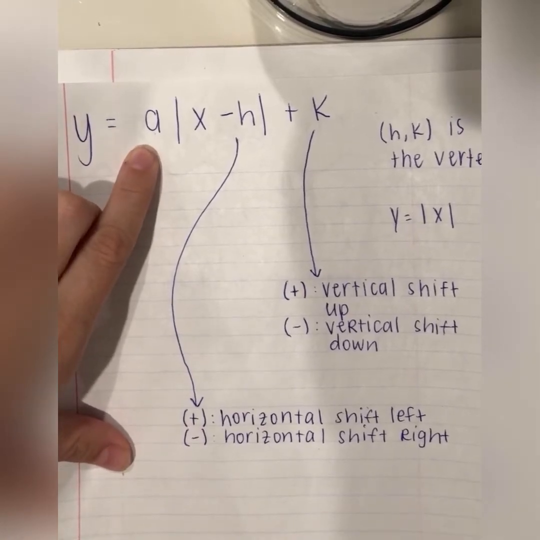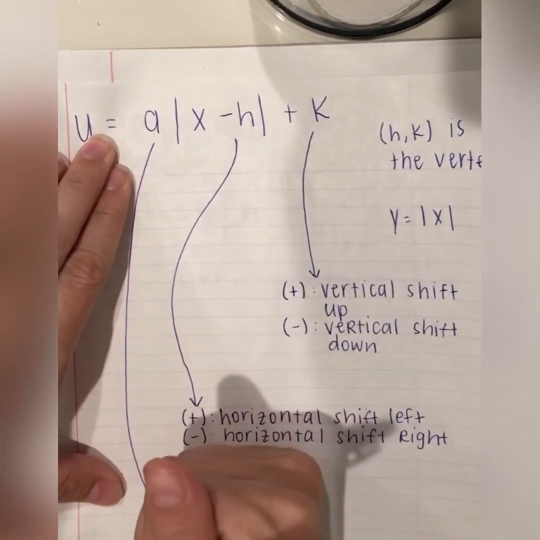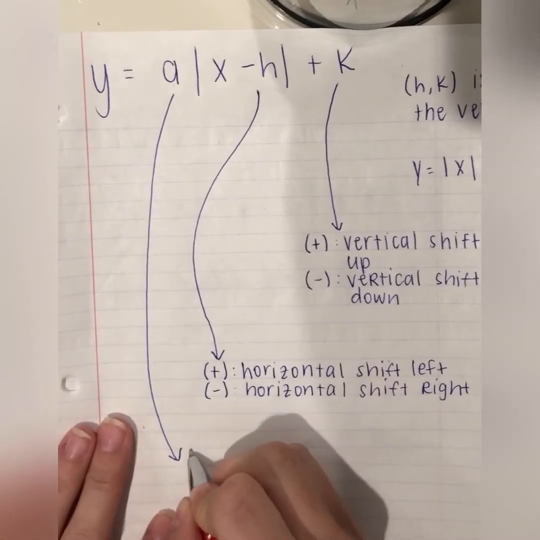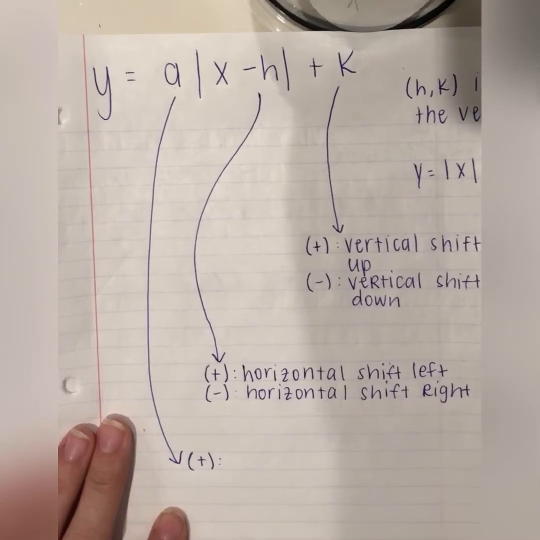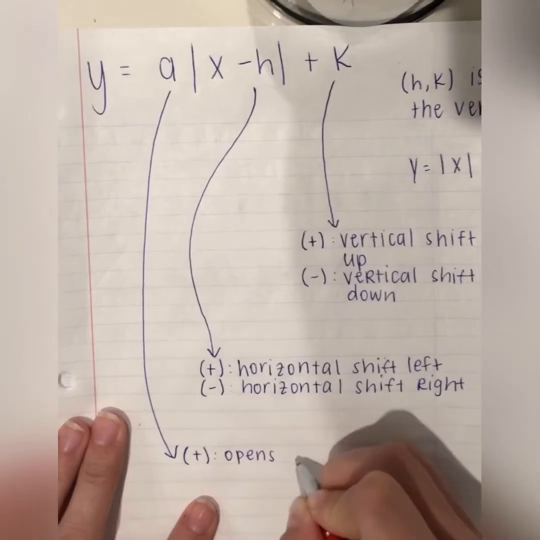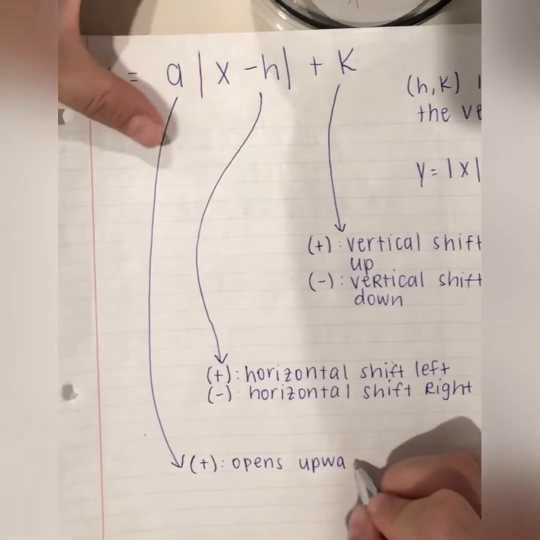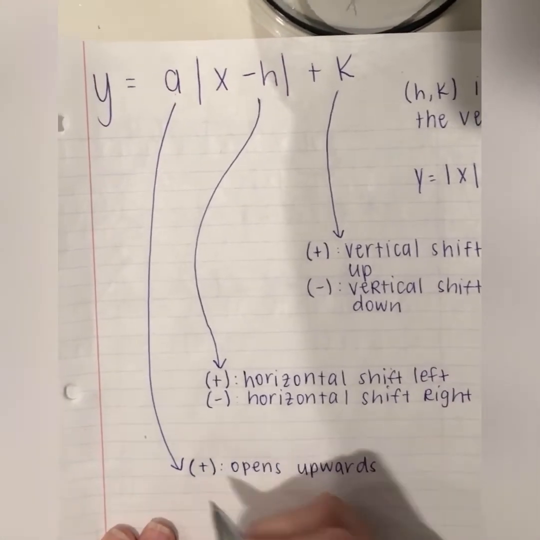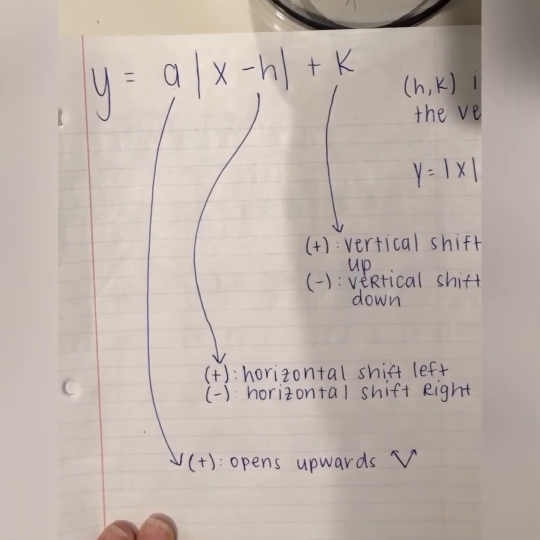This a value, we're going to have a couple things about a. Okay, the first thing we'll say is that if it's positive, it opens upwards, just like normal, okay, meaning your absolute value function opens upwards.